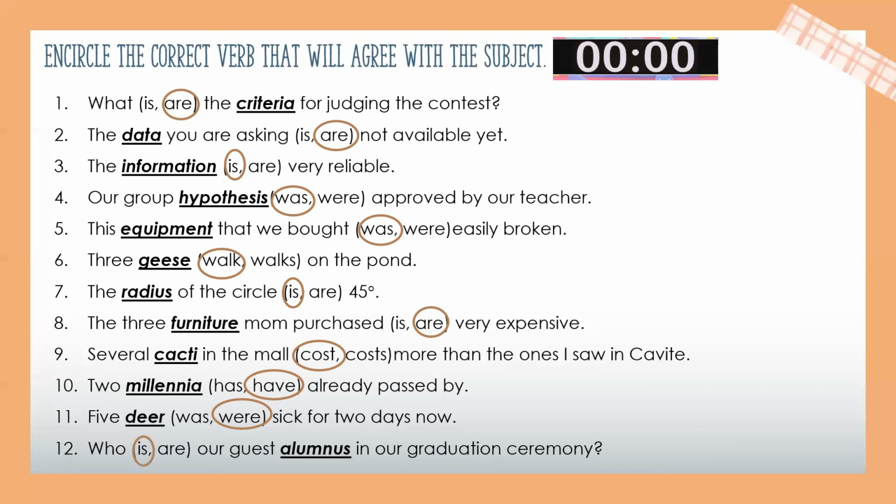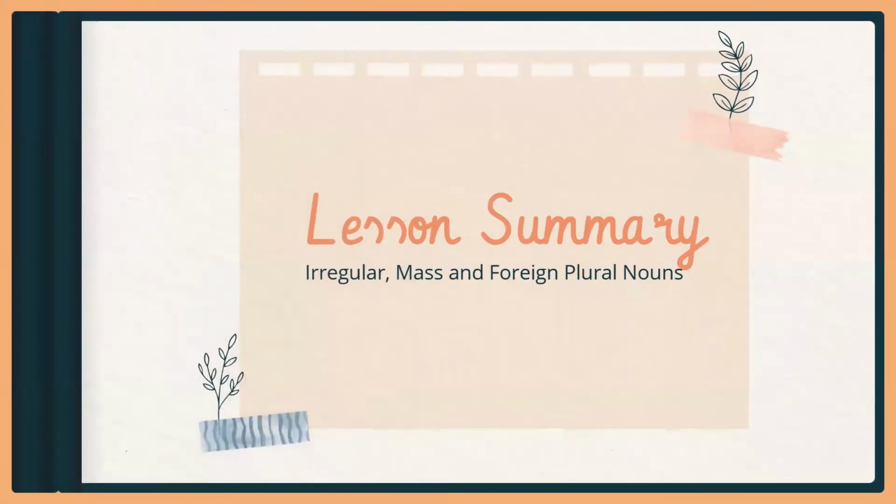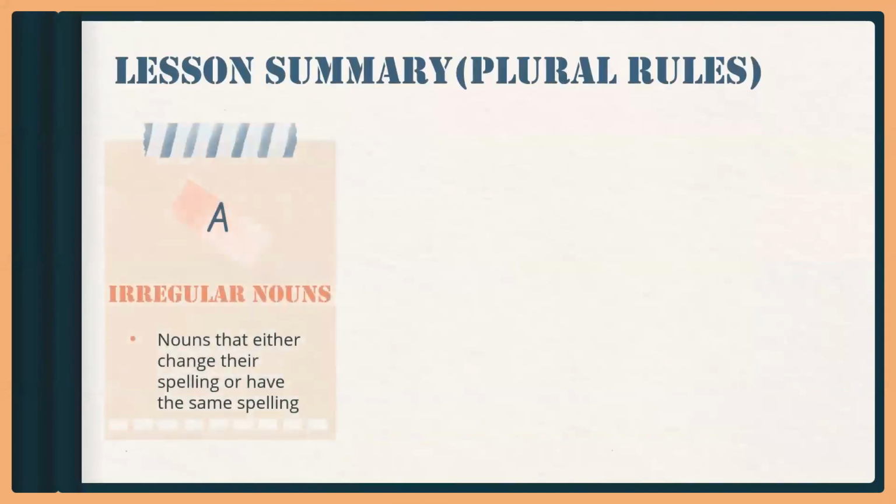Were you able to get all these items correctly? If yes, very good. So for us to summarize this lesson, number 1, irregular nouns. Irregular nouns are nouns that either change their spelling or have the same spelling.